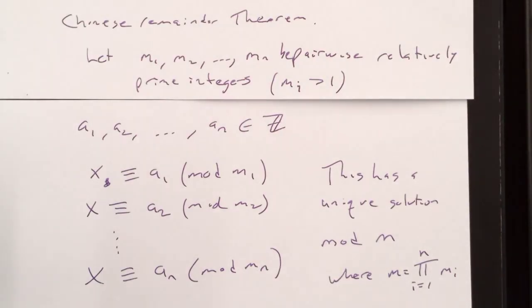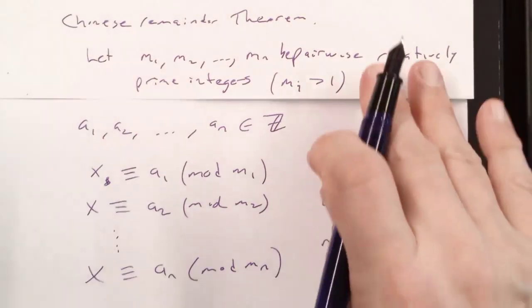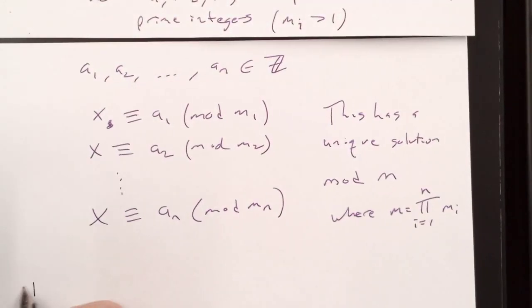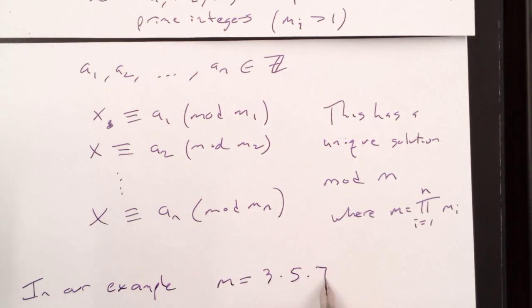Now, the proof in the textbook on page 294 is actually a constructive proof. I'm going to build the solution. So I'm going to do this for our example and then show you how this generalizes. For our example, m, 3 times 5 times 7, you said was 105.